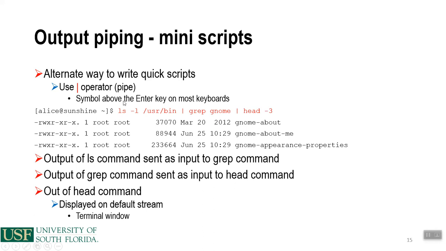So you're running multiple commands side by side with this pipe operator. And the output of the head command is what is shown on the screen. If you understand the different components of your operating system, you can start to link things back to back.